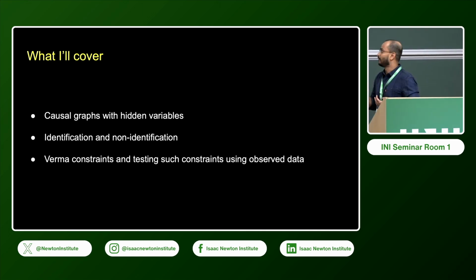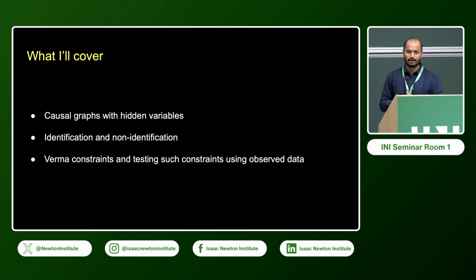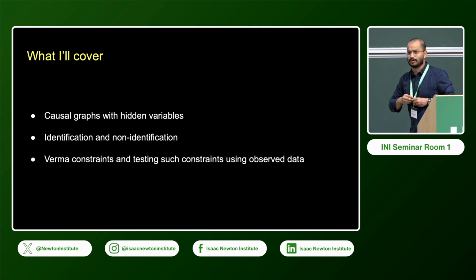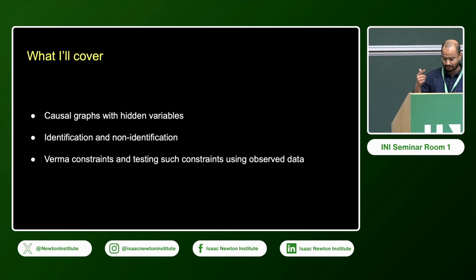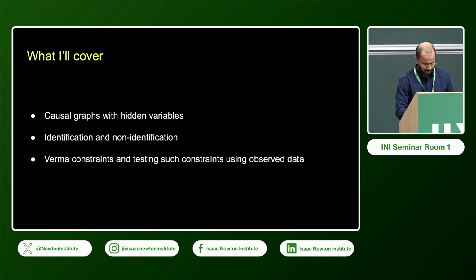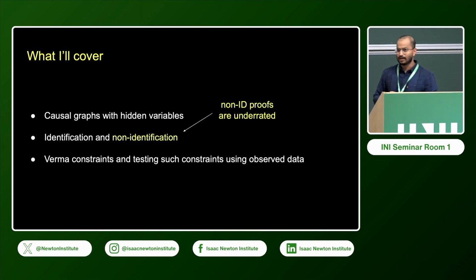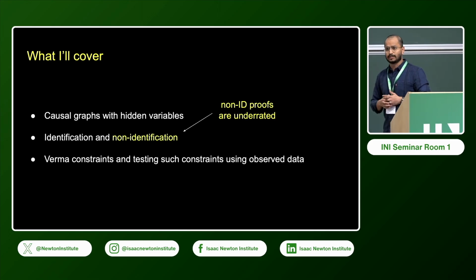Okay, so what I'm going to cover, I'm going to be covering causal graphs with hidden variables. We'll be talking about identification and non-identification, and then I'll be talking about one of my favorite concepts in causal inference, Verma constraints, which are generalized equality constraints that do not resemble ordinary conditional independences, but do resemble conditional independences in special post-intervention distributions. Okay, so why non-identification? It's not usually a topic that's covered very much.